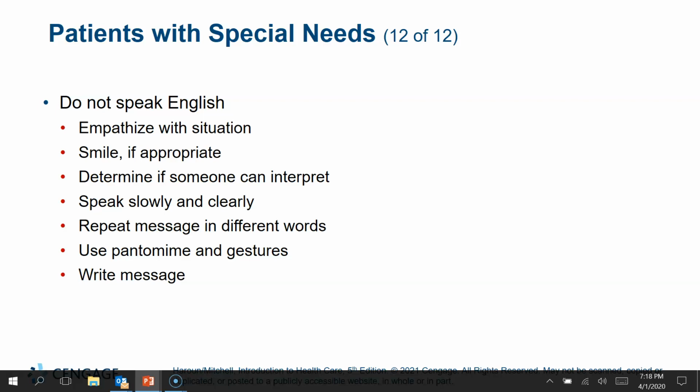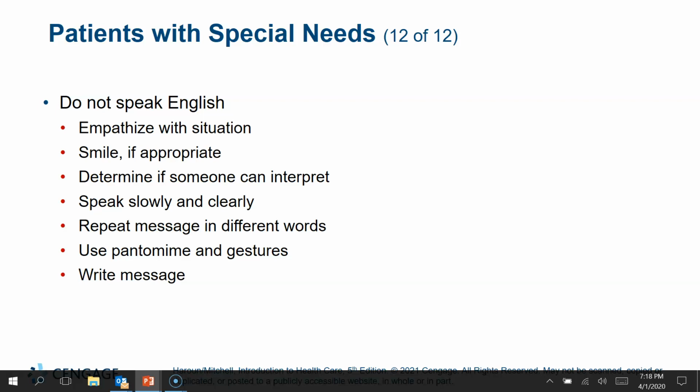And there are interpreters for language as well. While it would be great to have somebody that was proficient in sign language, you just really aren't going to find it. So sometimes it's those services. We just have to get, through technology, and provide those services for our patients.